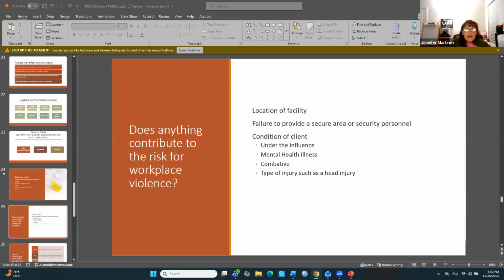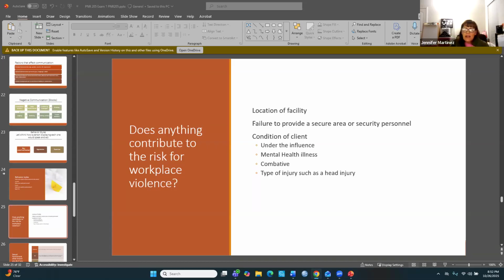When we look at your risk for workplace violence, some of the risks are the location of the facility. Where is the facility?